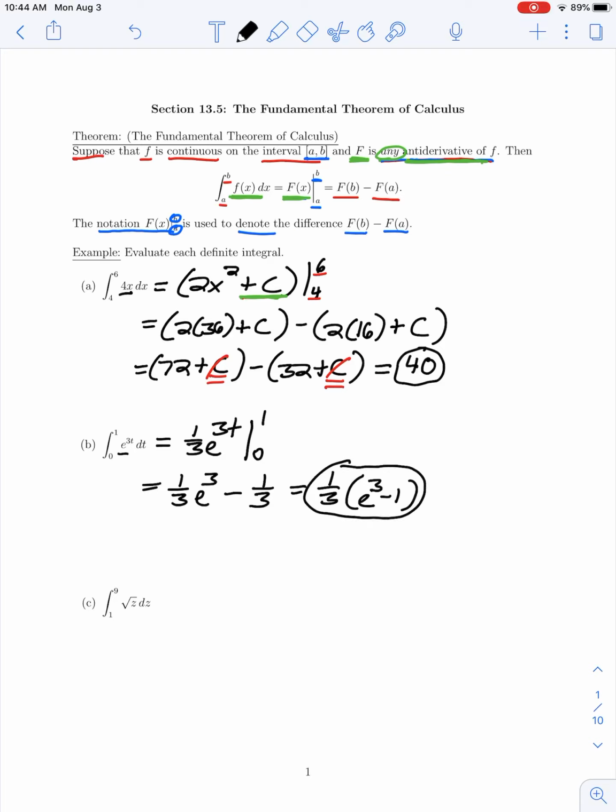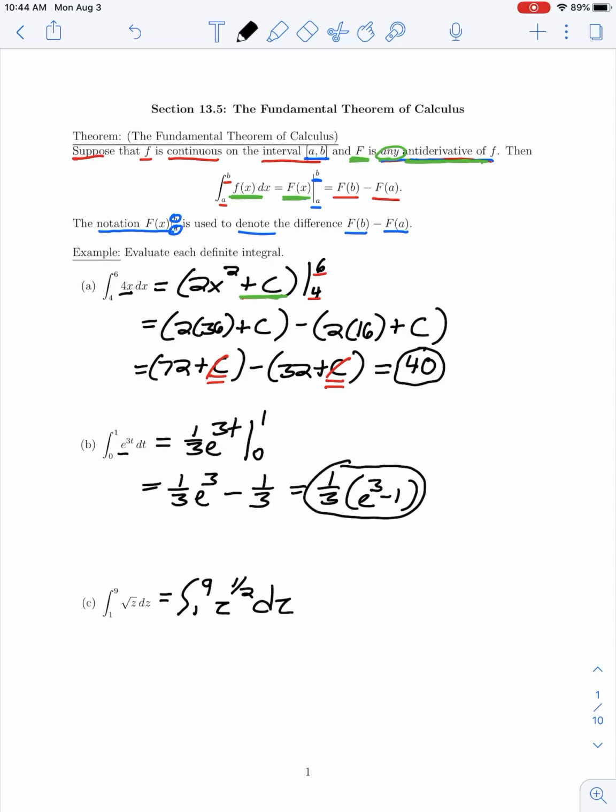Now, in our next example, part C, we have the definite integral from 1 to 9 of the square root of z with respect to z. So recall that the square root of z is just the same as z to the 1/2 power.